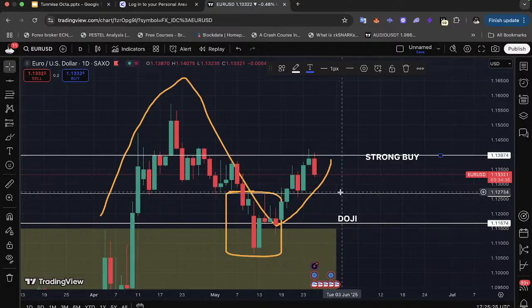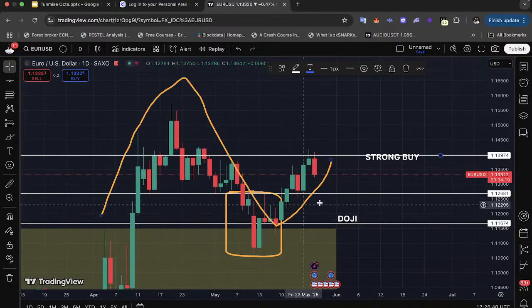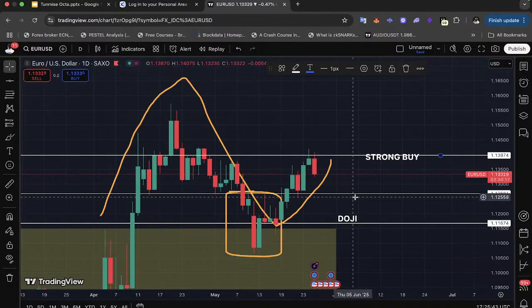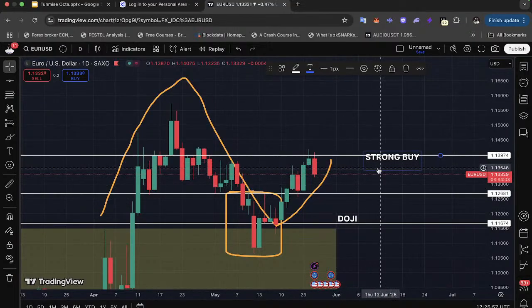Anywhere you decide to buy, there's a higher probability that you would be in profit, because we have a setup already: 1, a breakout, 2, a pullback, and 3, a fully bodied candle appearing after a doji. And that gives us a confirmation to buy.